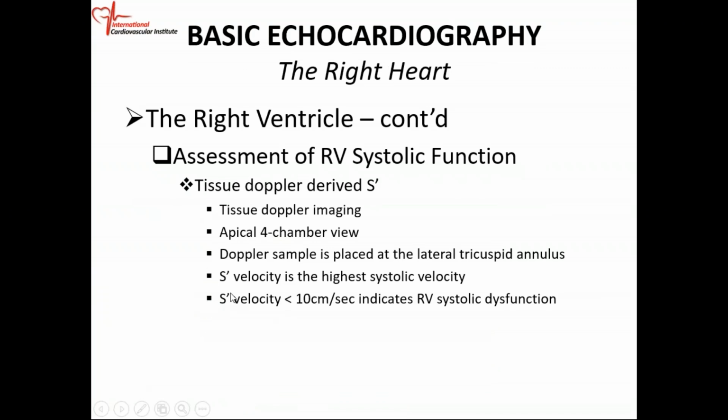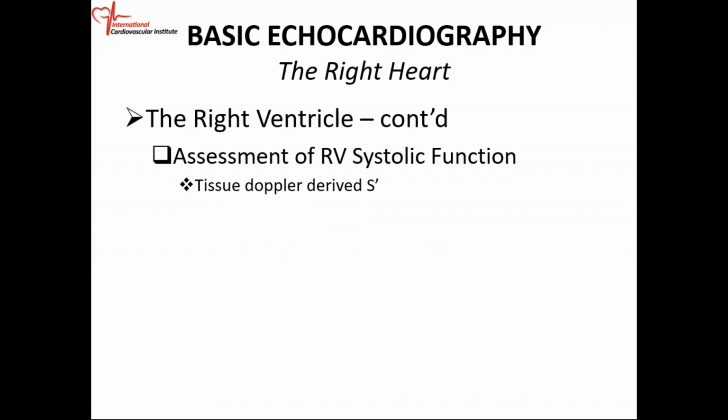The current number for this is 9.5. If your S prime is less than 9.5 centimeters per second, it suggests RV systolic dysfunction. So all labs should be putting out these numbers.